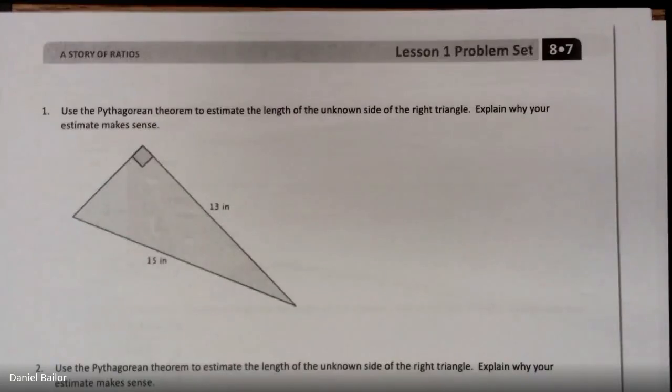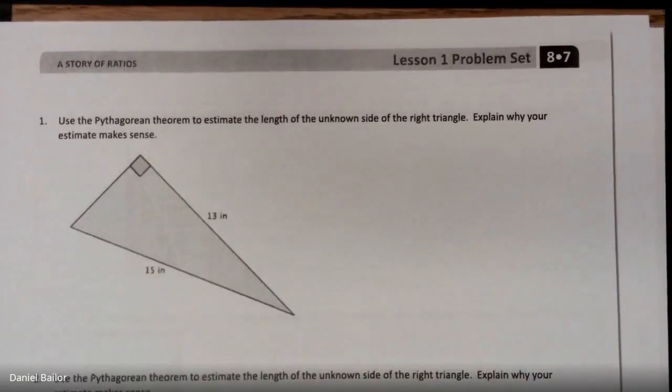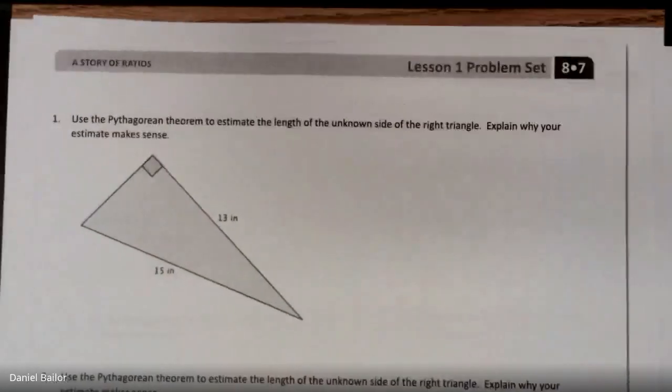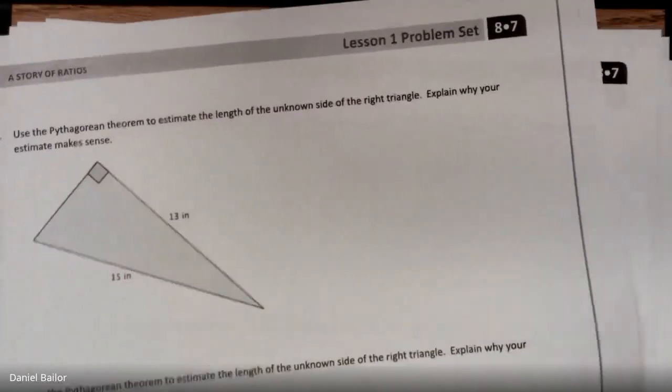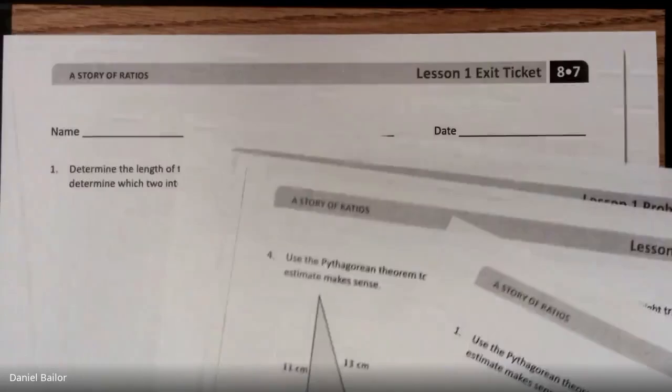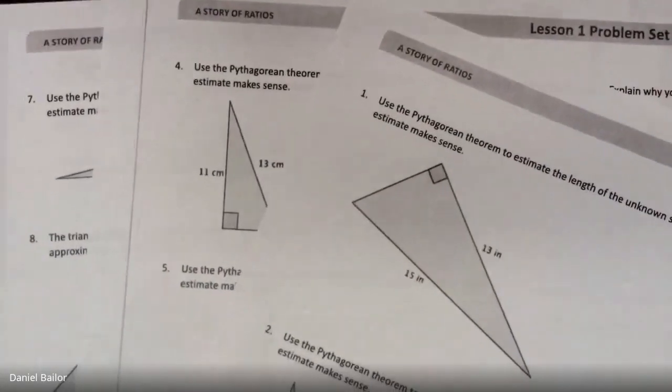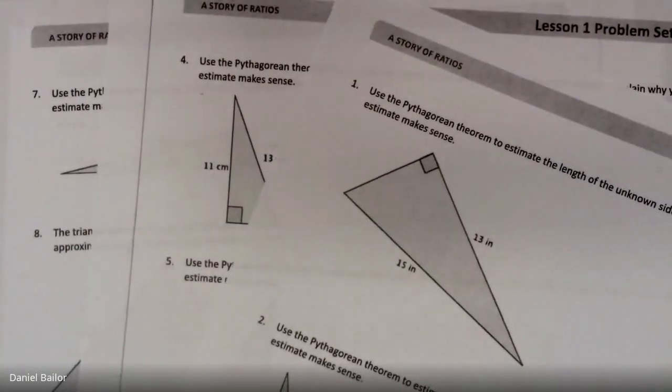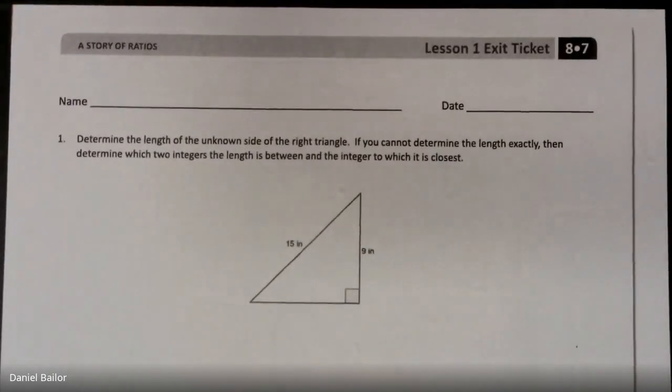Your problem set starts on page 11. Pages 11, 12, and 13 are your problem set. And remember, my answers to the problem set are on the Google Classroom, so you can check your work with mine. When you've checked your work and asked all your questions, you're ready to work on the exit ticket.